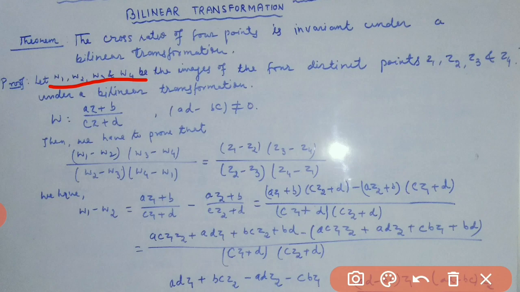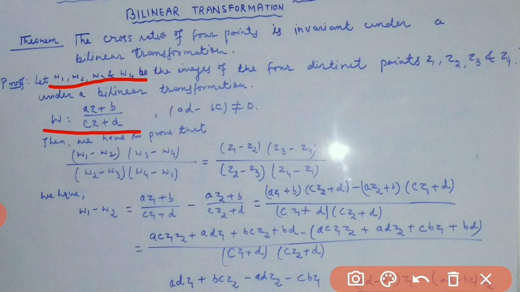And we know the bilinear transformation is W equal to AZ plus B divided by CZ plus D. And the condition is AD minus BC not equals to 0. So here we see that W is AZ plus B by CZ plus D. So if Z1 be a point, W1 be its image, then what we will write?